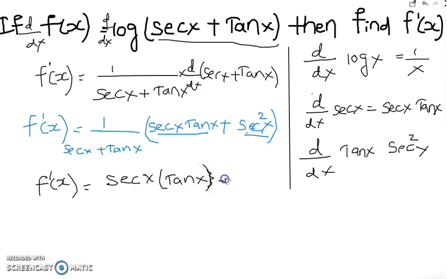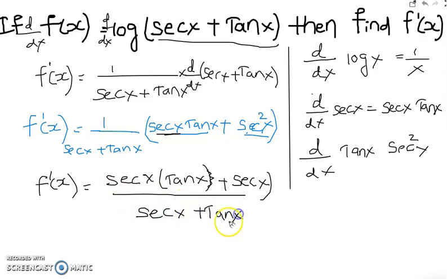Sorry, close the bracket. Sec x. Sec x is common. Tan x and 1 sec x is left out, by sec x plus tan x. Sec x plus tan x gets cancelled, right? So what will we get? We will get f dash of x is equal to sec x, right? So this was the answer.